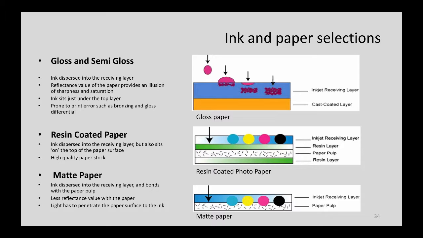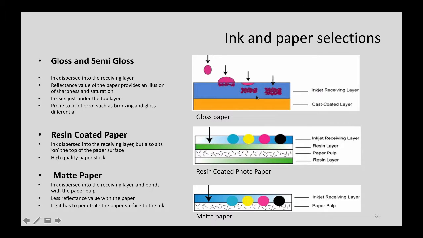As a new printer, as a person who's new to this, just stay with your gloss and semi-gloss papers. They're much cheaper and they will print nearly everything that you can throw at them because they have such a wide gamut. So gloss and semi-gloss paper have a paper base and an inkjet receiving layer.